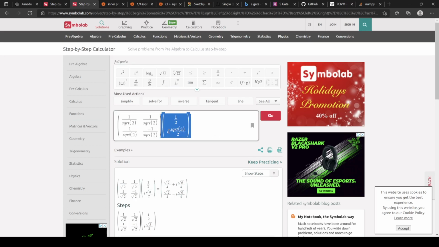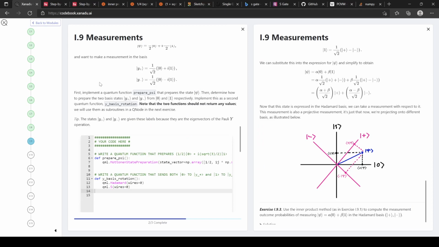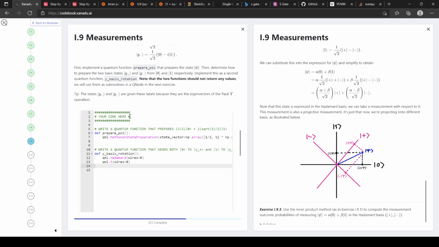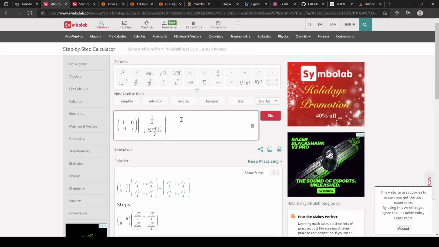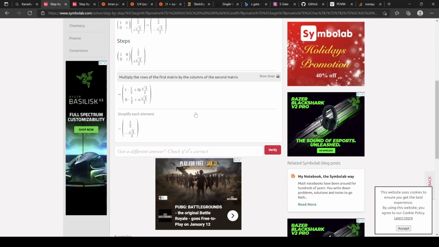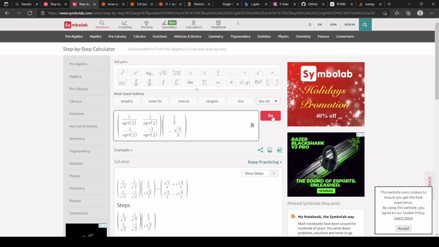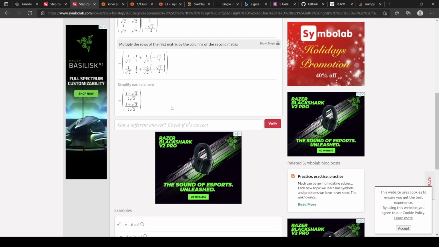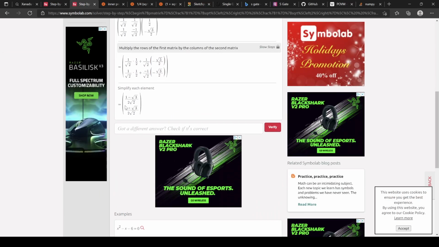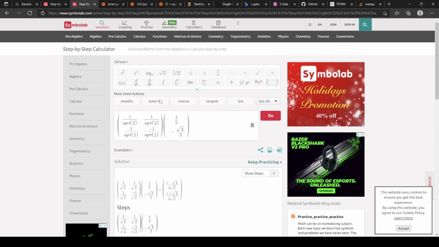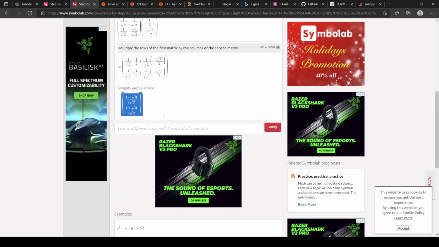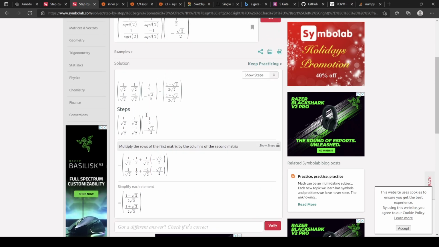Actually, I think we were supposed to apply this. The adjoint of this would be applying this first. So I just realized it should actually be like this, and then we should do this. And then we should, let's see, what's the problem here?